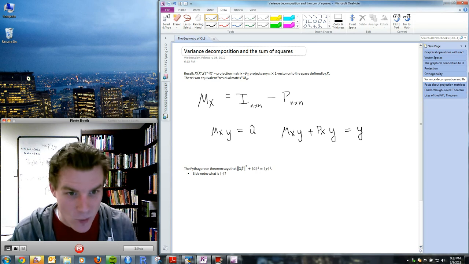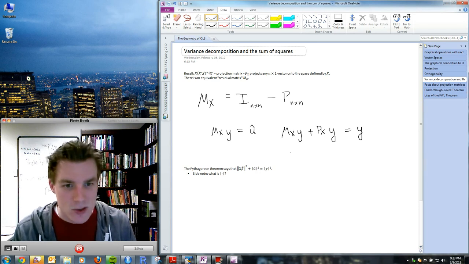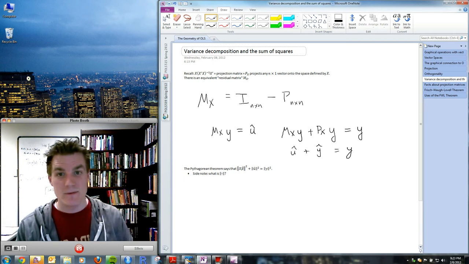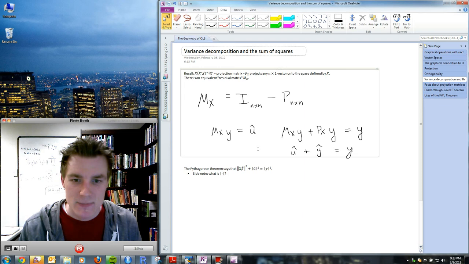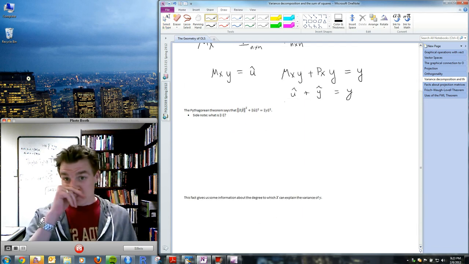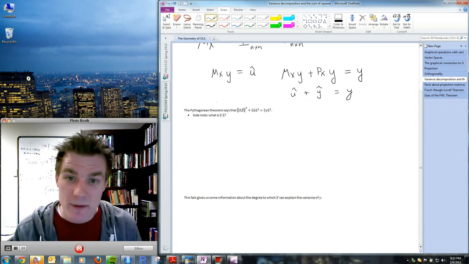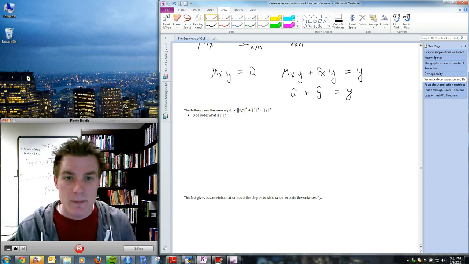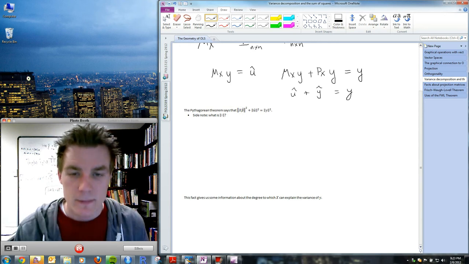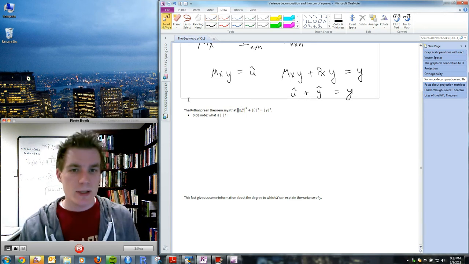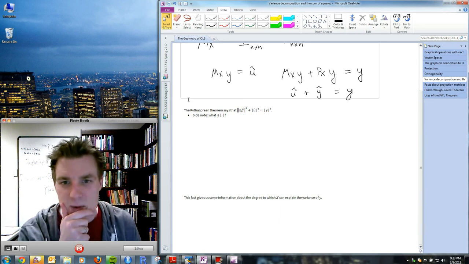I've got the residuals from y and then the fitted values for y, so I've got u hat plus y hat. That's got to add up to y for reasons we've already established. And as I just mentioned, the Pythagorean theorem says that the length of x beta hat squared plus u hat squared equals y squared.